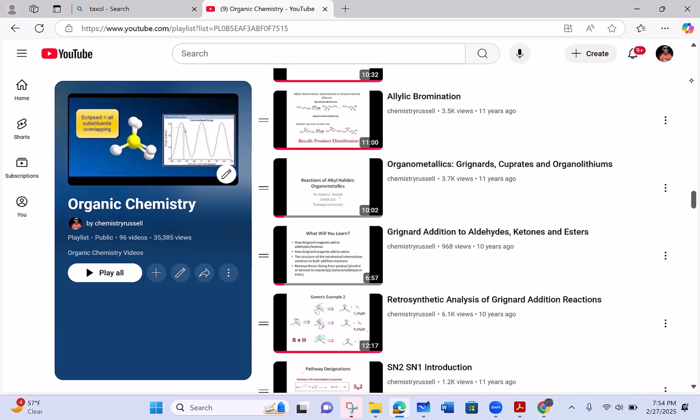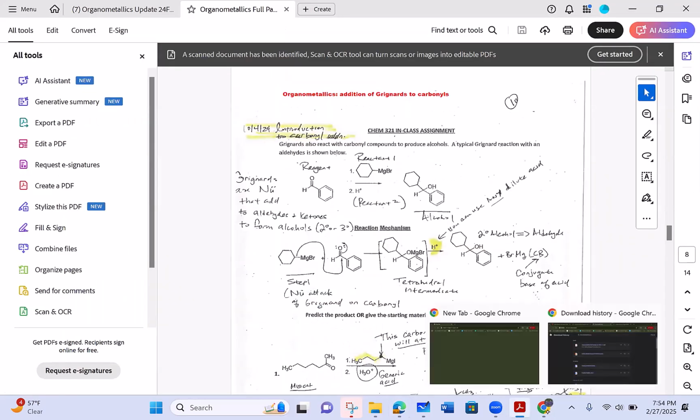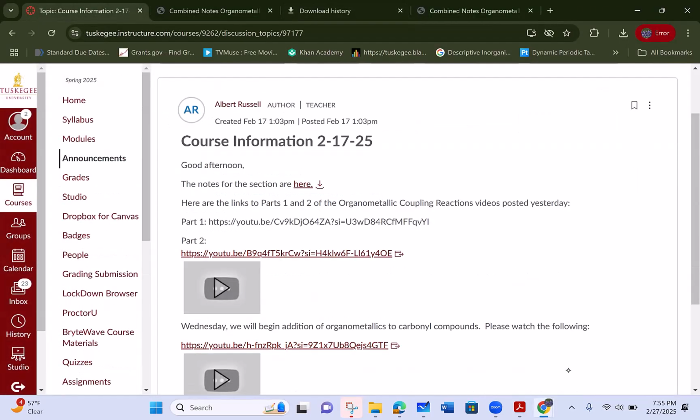Let me find it. Go back to Chrome, so I can look through the announcements. Why is Chrome not coming back up? Yes, I think it's in this announcement from the 17th.